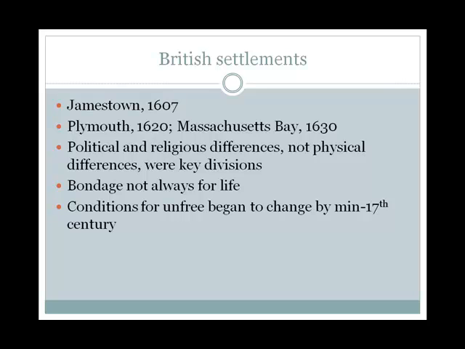So the transformation that is taking place, this terrible transformation, is a transformation in terms of labor, from a system where bound labor, labor that was controlled by someone else, was limited. It could not be permanent, to a system where it does become permanent, and not only that, that it becomes racialized.